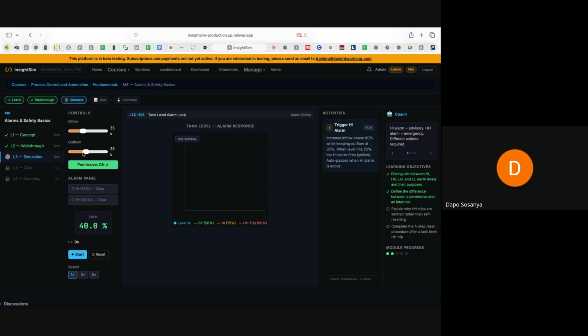So the controller is constantly reading the level, and the PLC will look at the level, compare it to what you have set as your high and low, and then indicate accordingly. So you can see that flow.